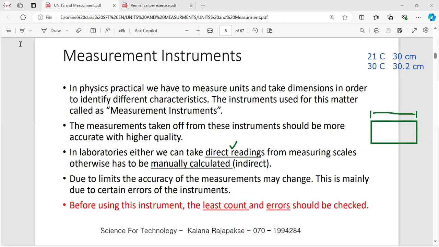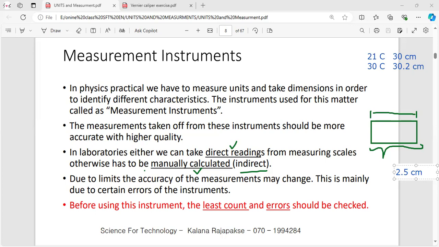So in that case, there's another way of measuring. We can manually calculate it, which means the indirect reading. First of all, we casually take the reading. Let's say the length of this eraser is 2.5 centimeters. This is the normal measurement.